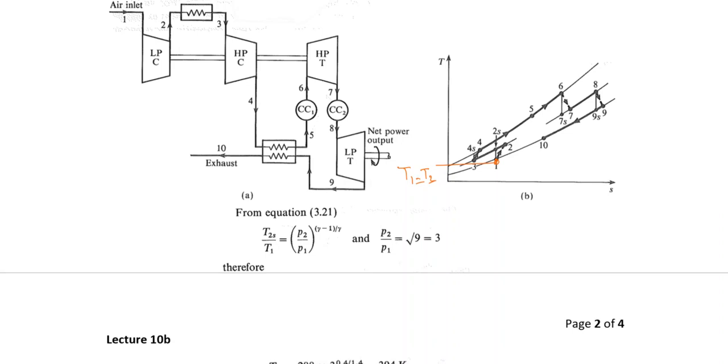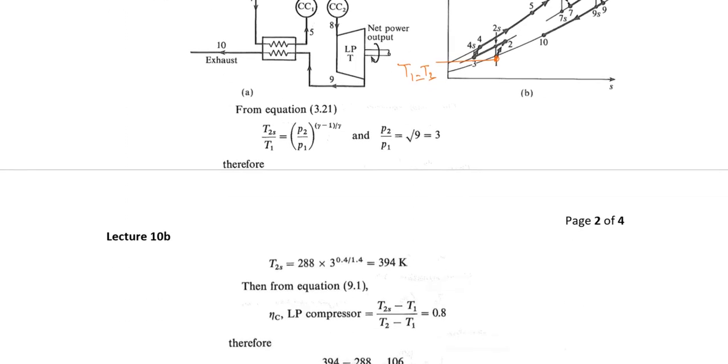For each of the stages, I am assuming the pressure ratio would be equal, and that would be 3, that is 9 raised to the power 1 by 2. So using this formula, T2 isentropic divided by T1 would be equal to (P2 by P1) raised to (gamma minus 1) divided by gamma, as in the previous example. So T2 isentropic would be equal to 394 Kelvin.